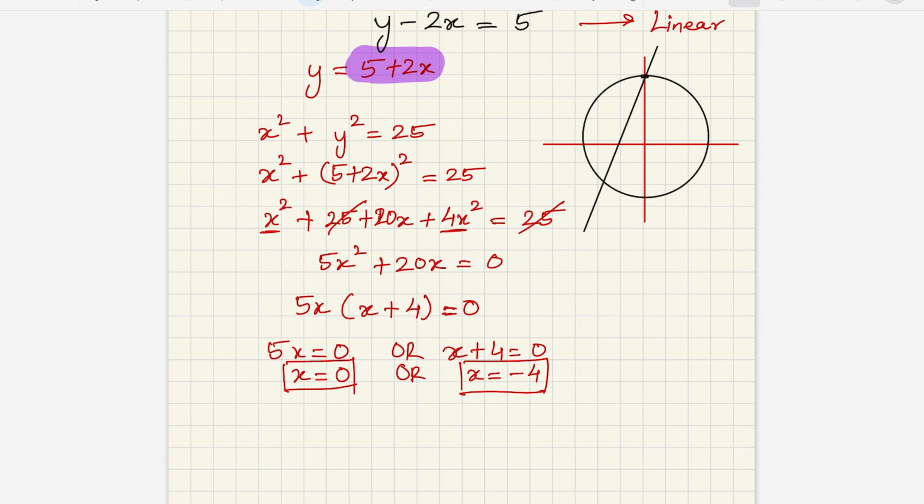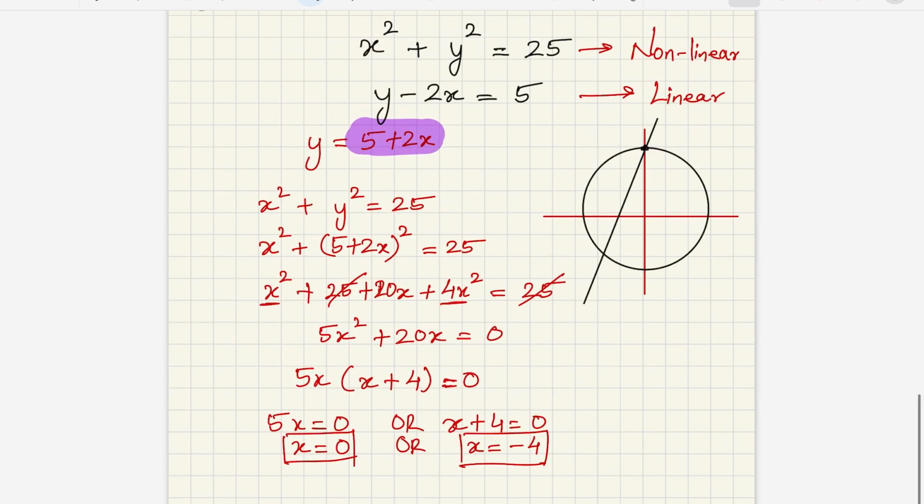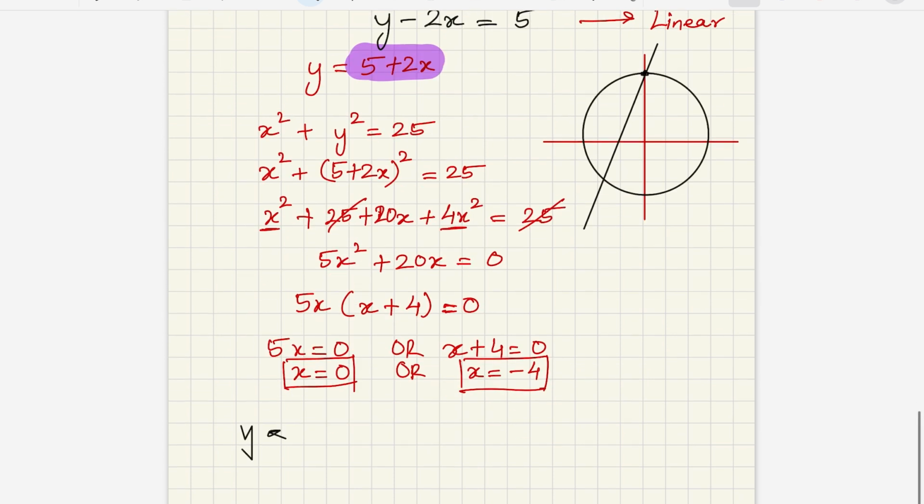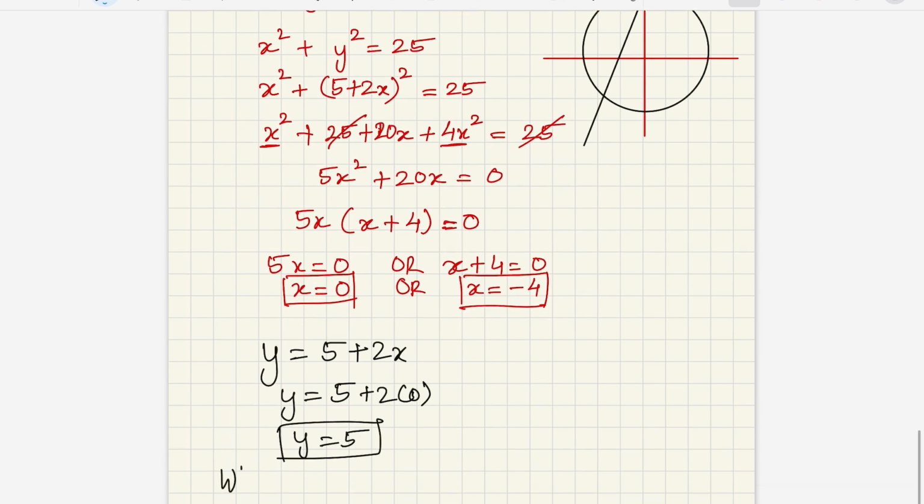So when my x value is 0, I'll have some y value. Now how will I find that? y equals 5 plus 2x. So y equals 5 plus 2 times 0, y will be equal to 5. So when x is 0, y is 5.